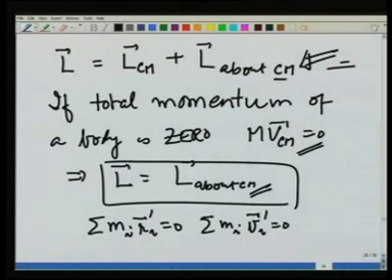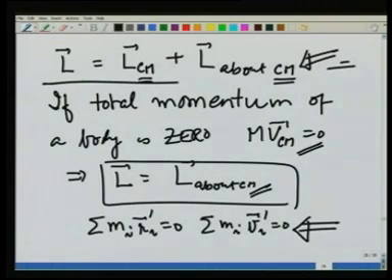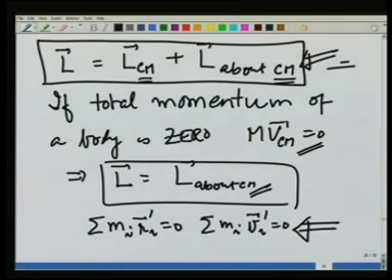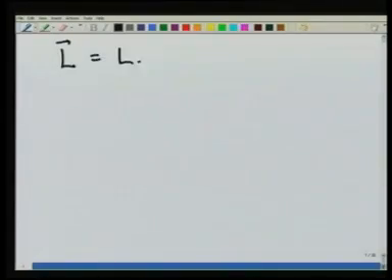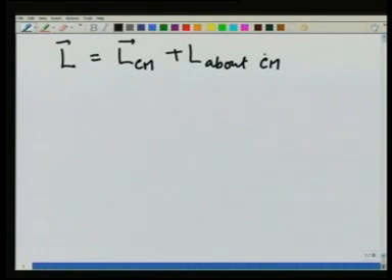It is only with the center of mass, because center of mass satisfies these two equalities, that I can decompose the angular momentum in this manner. This must be kept in mind. So, what we see is that L is equal to L CM plus L about CM. Let us take a simple example of it.